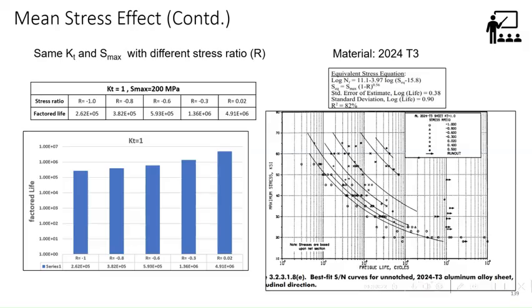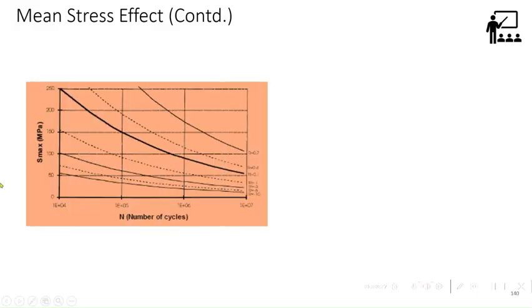So there's nothing wrong in that. The issue is when you plot with respect to S max in the SN curve, you are referring to the SN curve, you know, for R equal to -1 somewhere there. So as you increase R, you are getting more life.